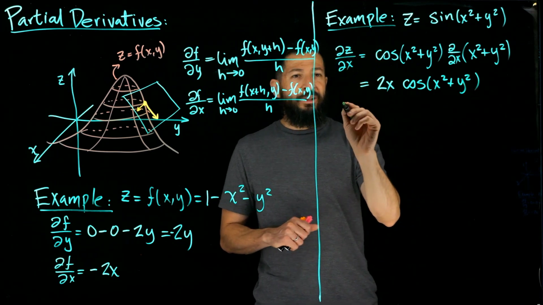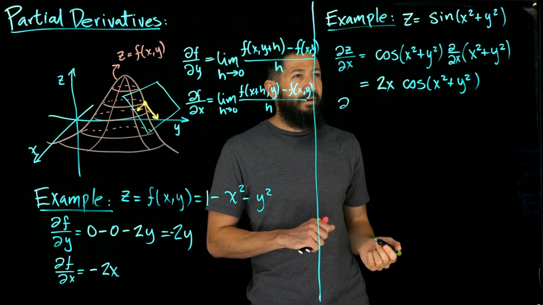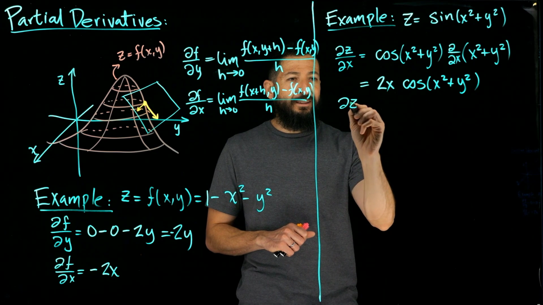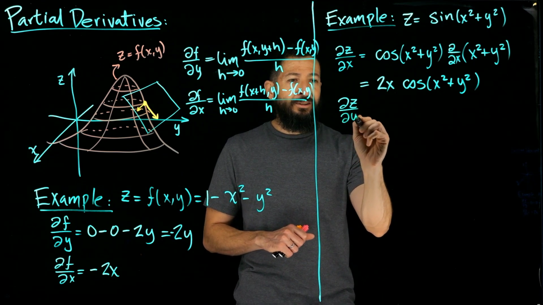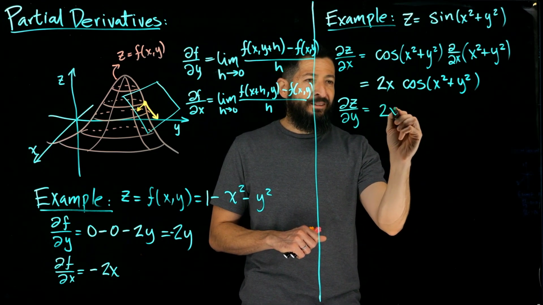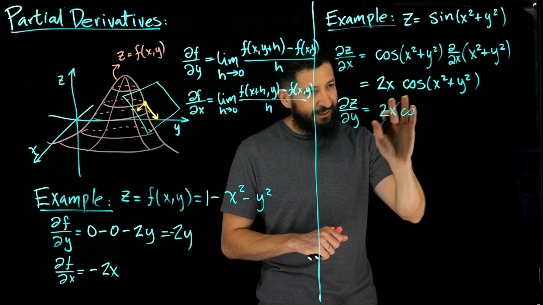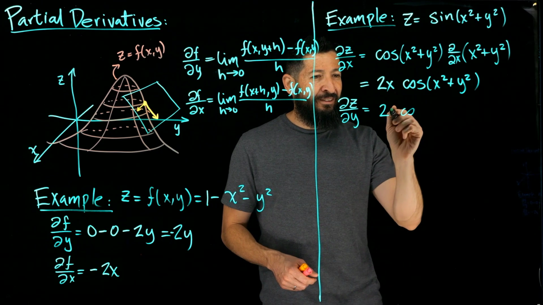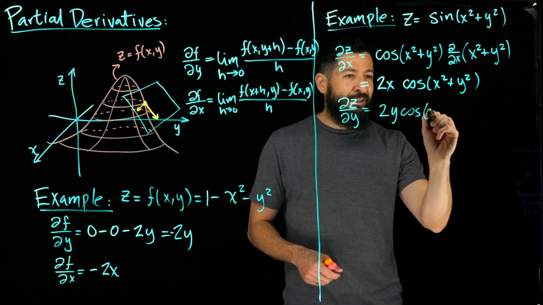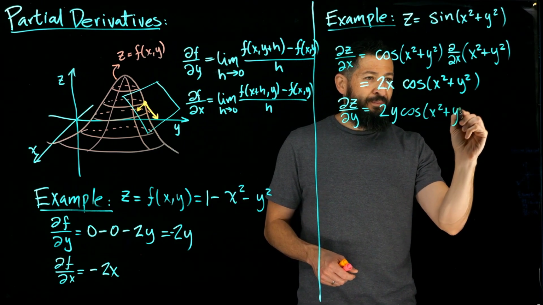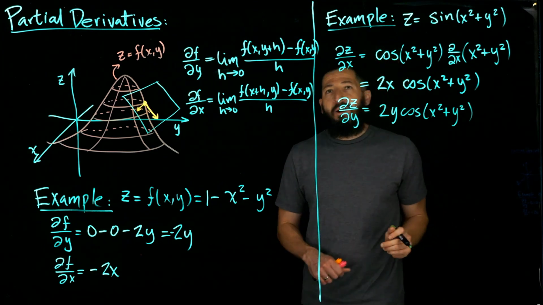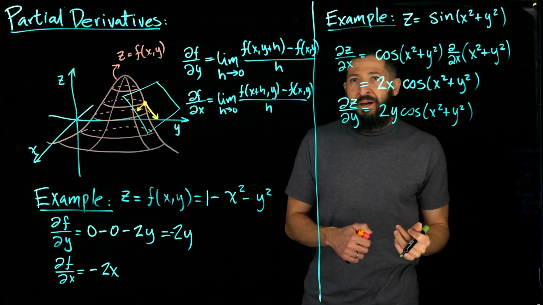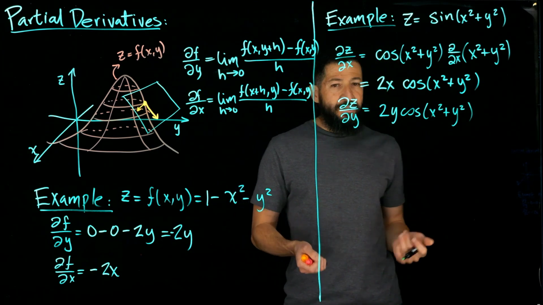Now, by symmetry, you can see this is symmetric with respect to the axis, so you could replace x and y and nothing changes. So you will see that your derivative will be the same, except x changes to y. My bad. So let's change it out to 2y cosine of x squared plus y squared. Alright, so that is another example where you have to do chain rule.